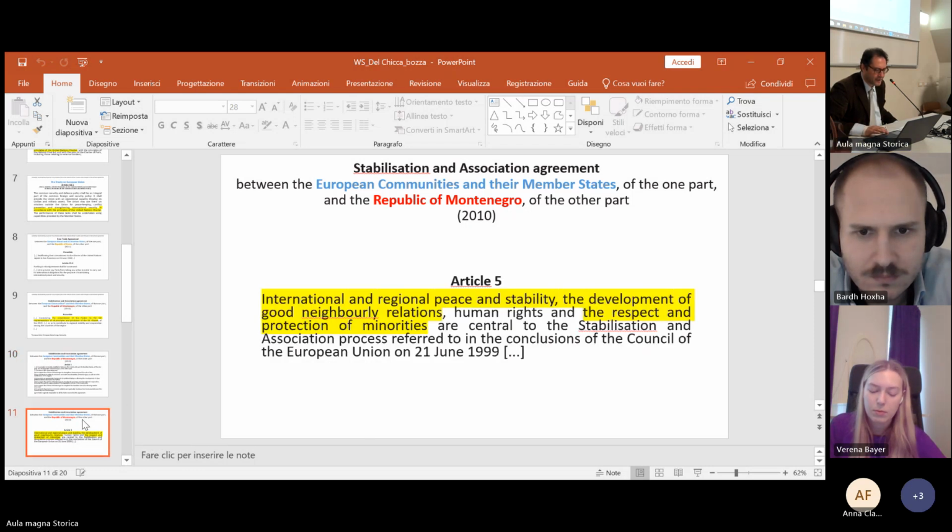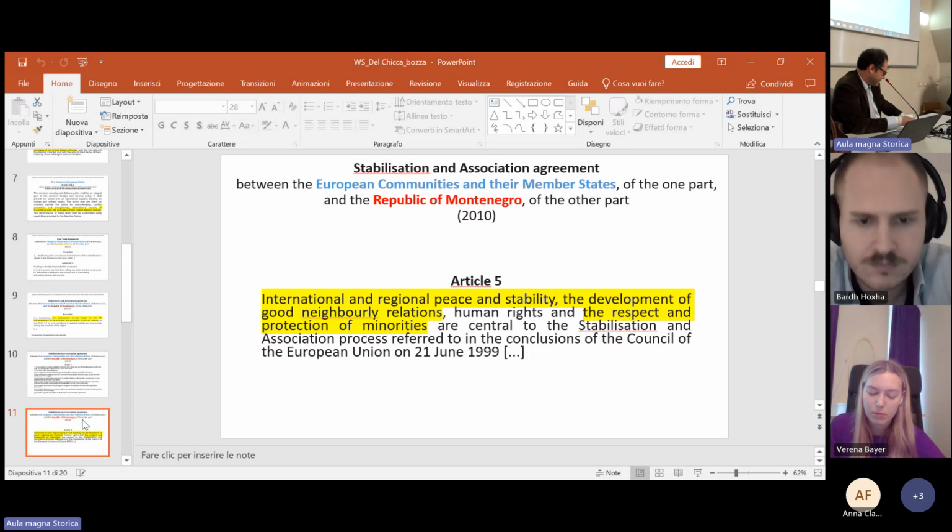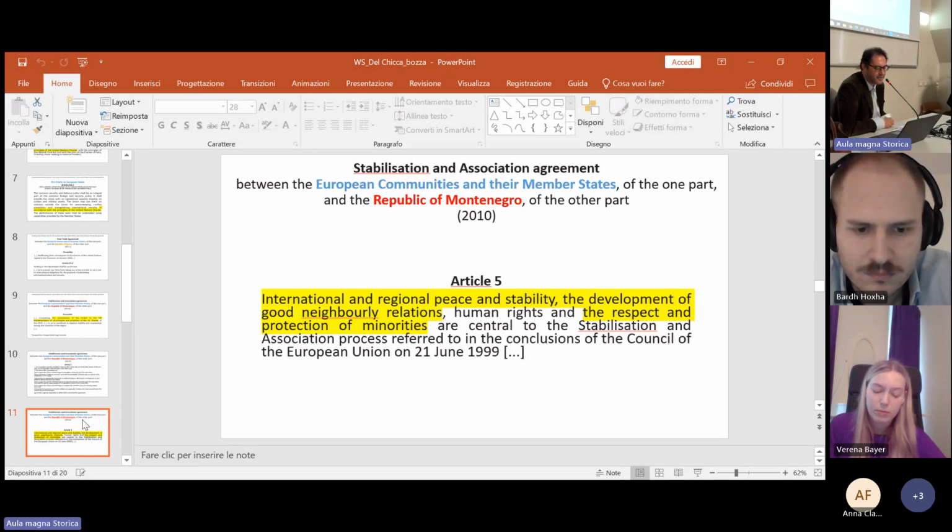But in this Stabilization and Association Agreement between the European Communities and the Republic of Montenegro, we find also another provision, stated by Article 5. The provision says that international and regional peace and stability, the development of good neighbor relations, human rights, and the respect and protection of minorities are central to the stabilization and association process, referred to in the conclusions of the Council of the European Union of June 1990.